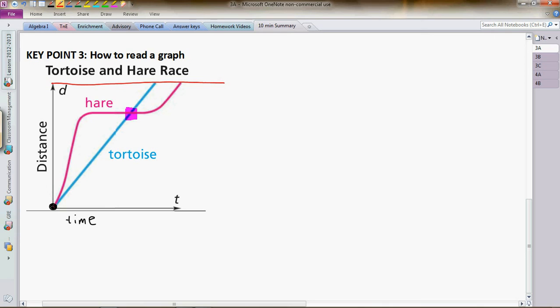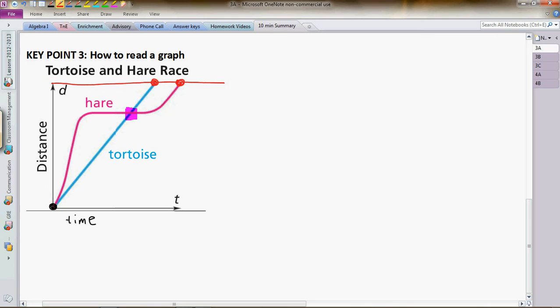Let's say this is the goal line, because this is the distance. The higher you go, the farther you are in distance. Right here, I want you to look at this point and this point and compare these two. Distance-wise, these two objects are at the same point.